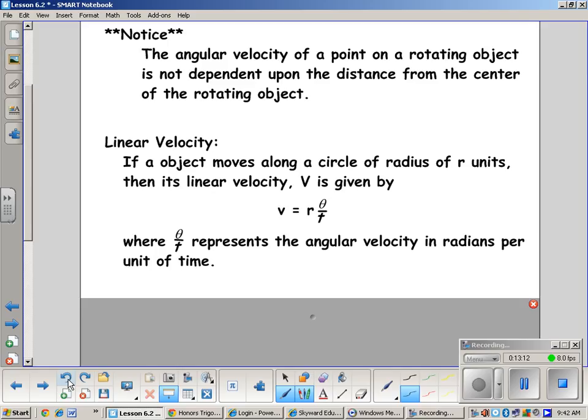So remember, we just determined that theta over time is angular velocity. And it's in radians per unit of time. Has to be in radians.